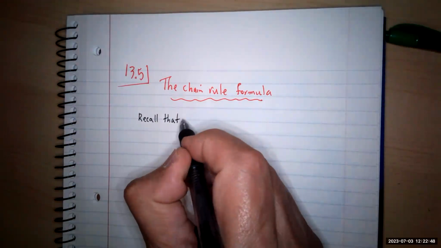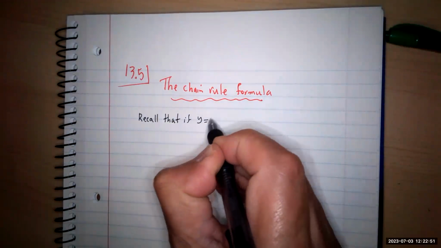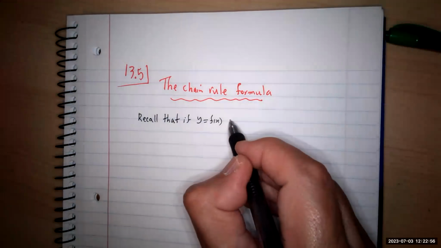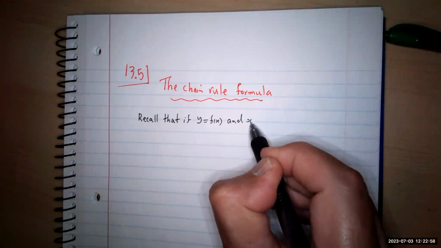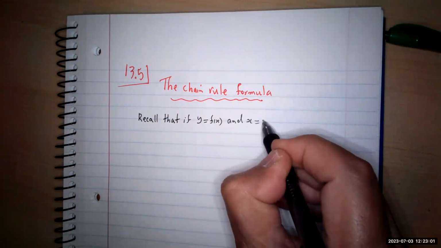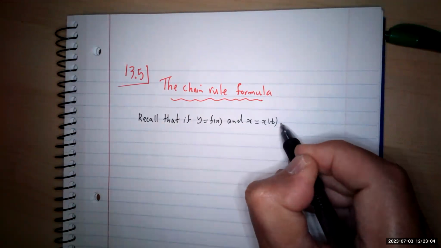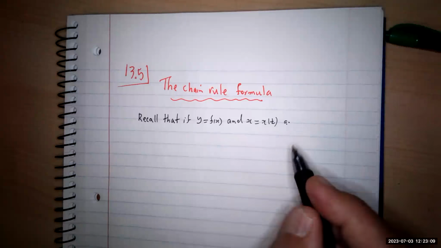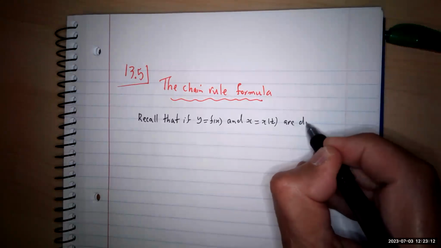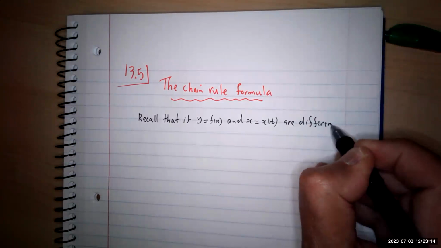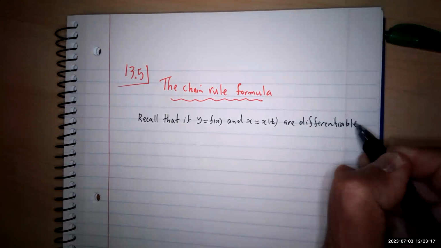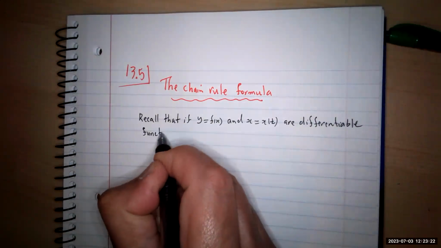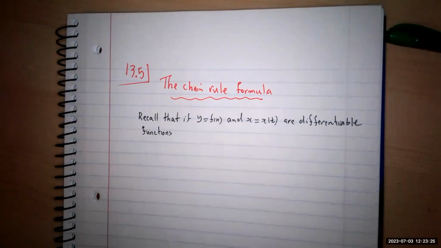Recall that if y equals f of x, function of one variable, and as I talk about it, x is a function of t, so x is going to be x of t, and both of them are differentiable functions.